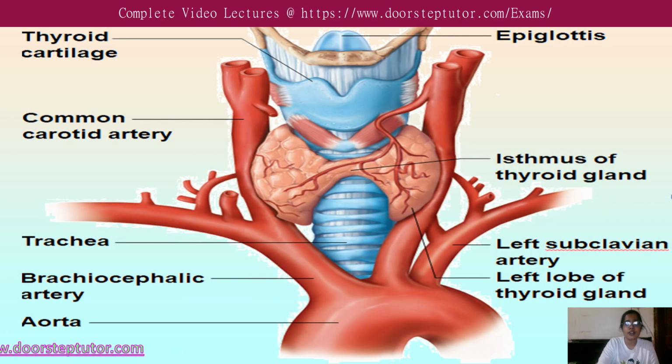What is the function of these carotid arteries? Isthmus is the junction where the two lobes meet, known as the isthmus of the thyroid gland. Carotid artery we will discuss in a different topic. These are connected with the heart. Thyroid cartilage is a layer near the Adam's apple or epiglottis.